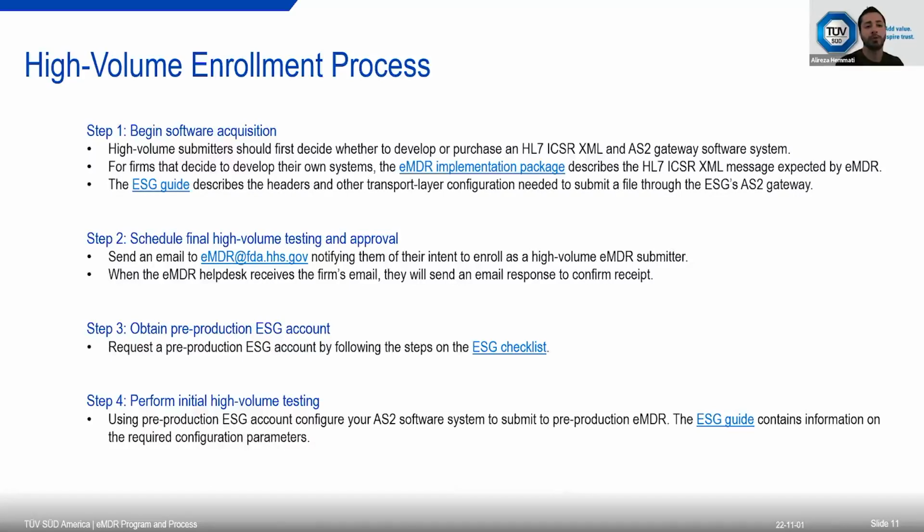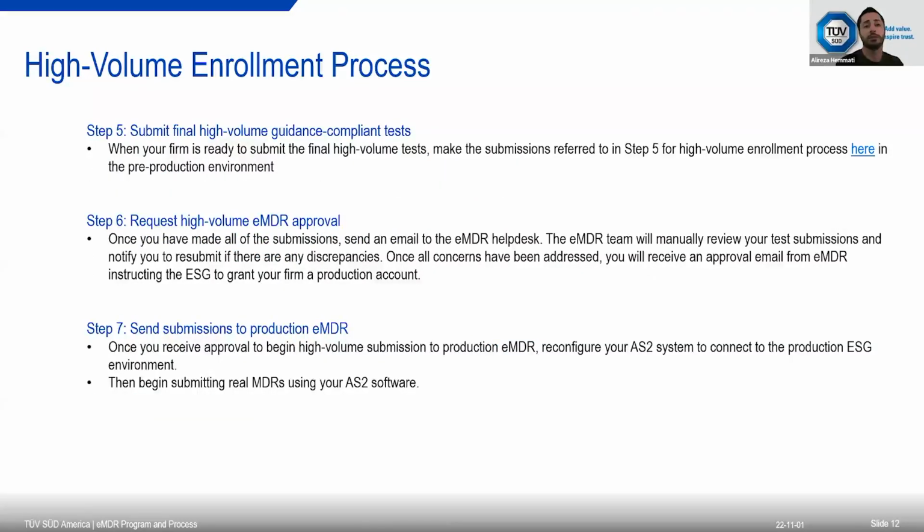You will perform initial high volume testing using your pre-production ESG account. You will submit a final high volume guidance compliant test. This is similar to what we discussed earlier.